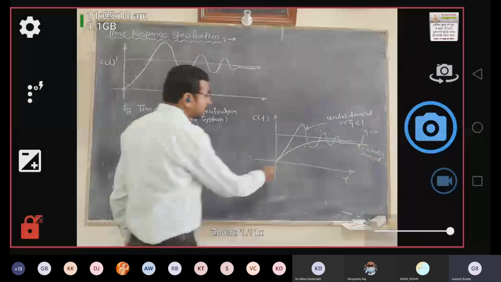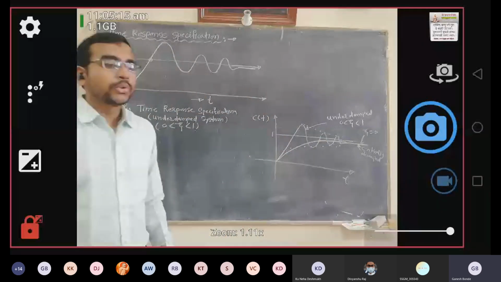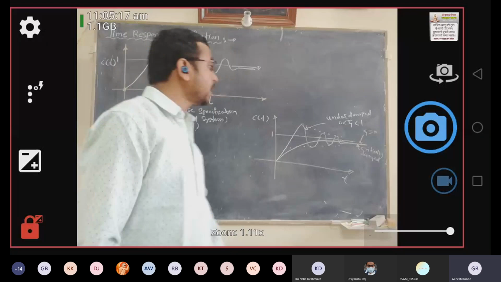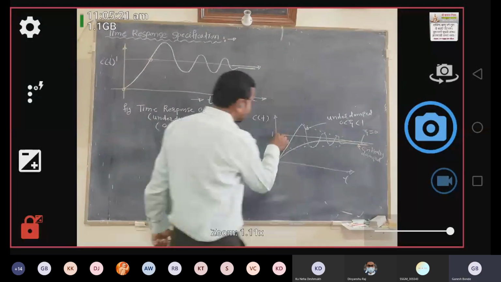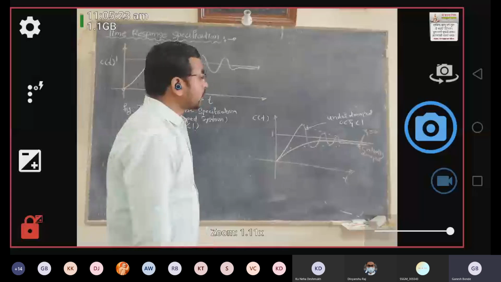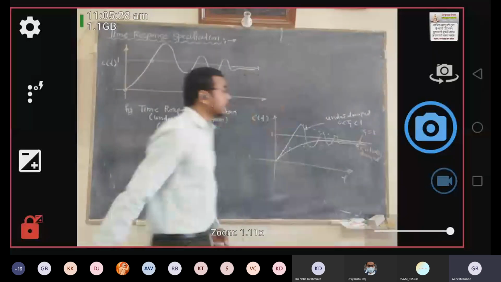Because the response is close to unity but never reaches unity. That means it never reaches the steady state of the step input. So this is called critically damped, and it is obtained when zeta is equal to 1.